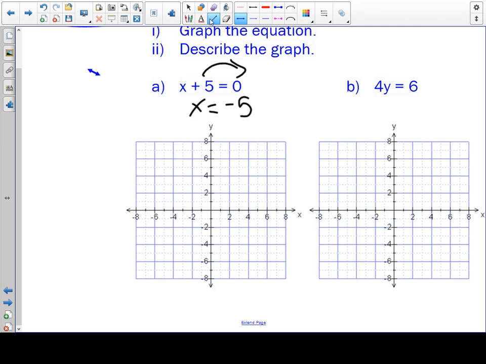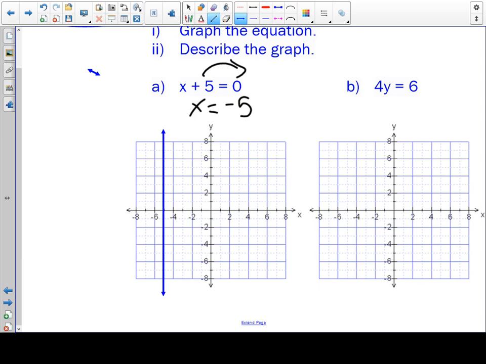If you make a line and it doesn't look like a line, you will lose marks. So please use a ruler. So x equals negative 5 would live right here. This is what x equals negative 5 would look like.